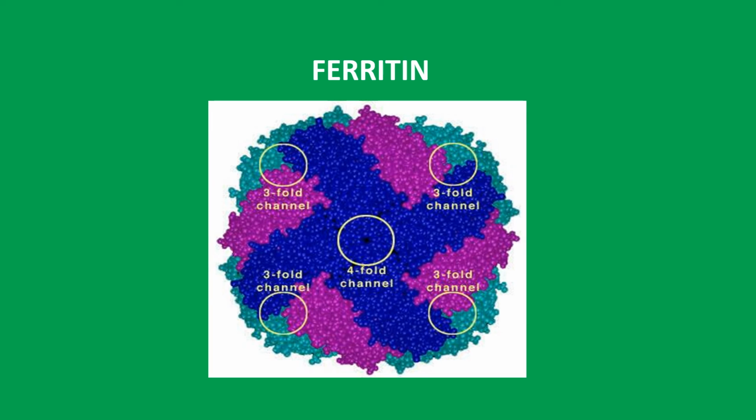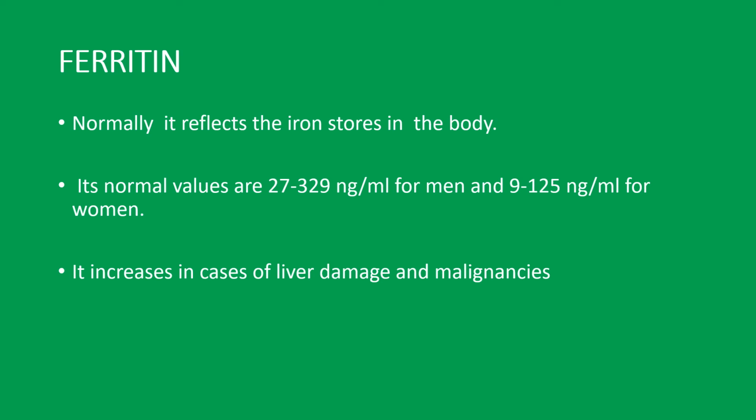So your ferritin, again, normally reflects the iron stores in the body, with normal values of 27 to 329 nanogram per ml for men and 9 to 125 nanogram per ml for women, and it increases in cases of liver damage and malignancies.